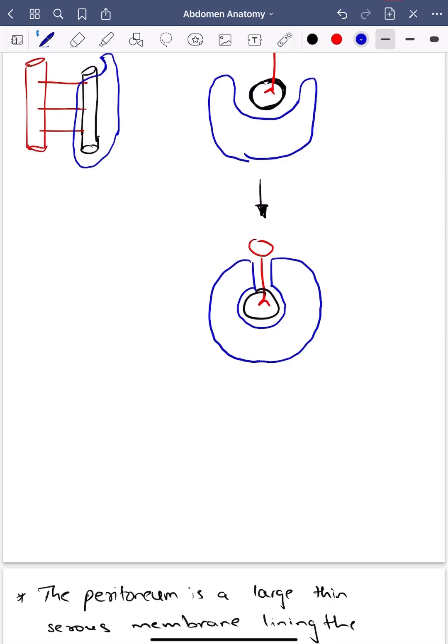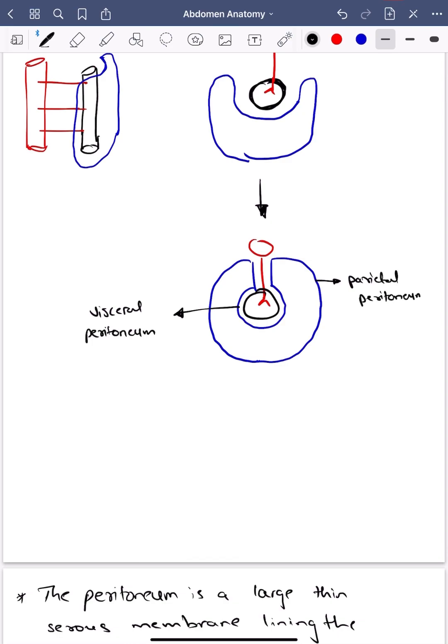So from this we can see that the peritoneum has two layers. This is the visceral layer, that is the layer of peritoneum attached to or in close relationship with the viscera, referring to the organs. The layer of peritoneum that is attached to the body wall is called the parietal peritoneum.